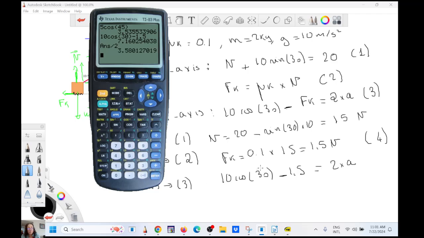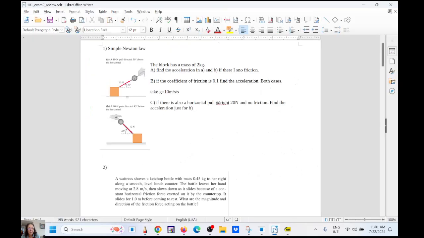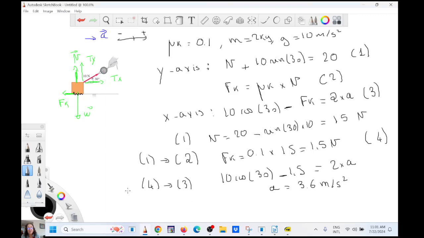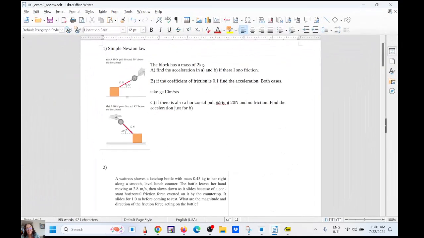So it's 3.6, if you take two significant digits. Okay, so you can do the same thing with the other one.